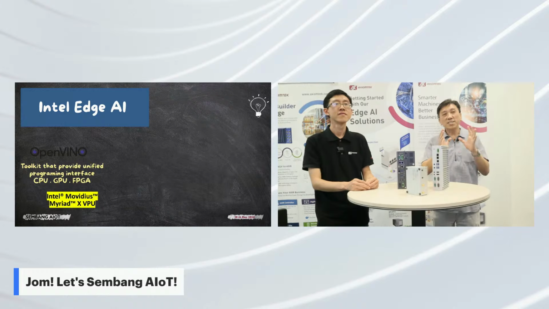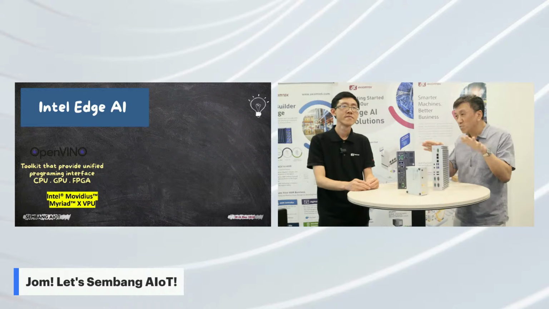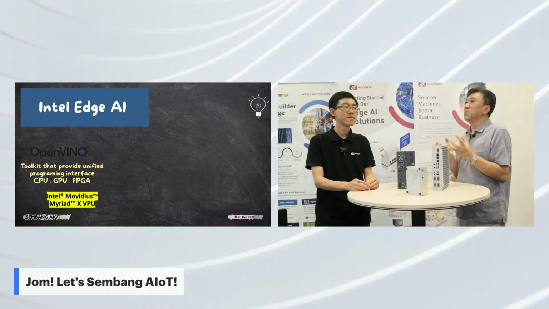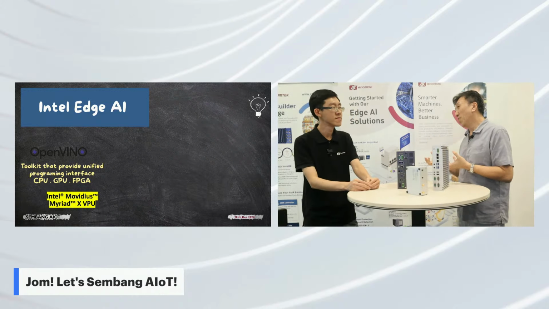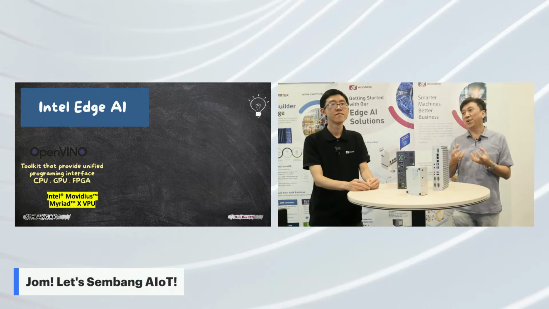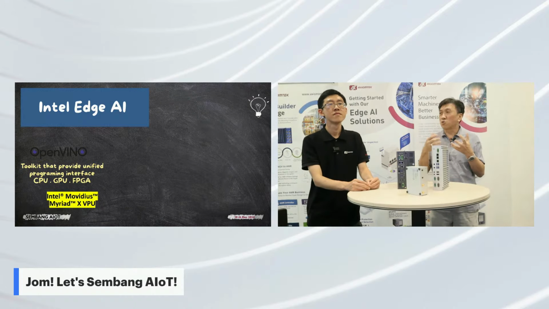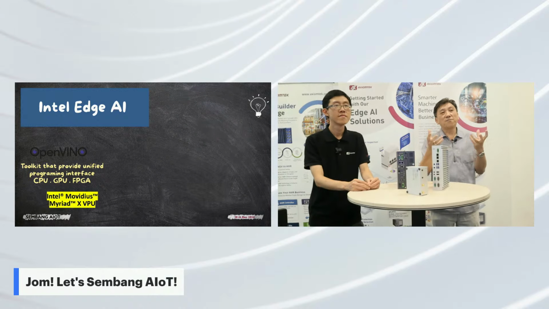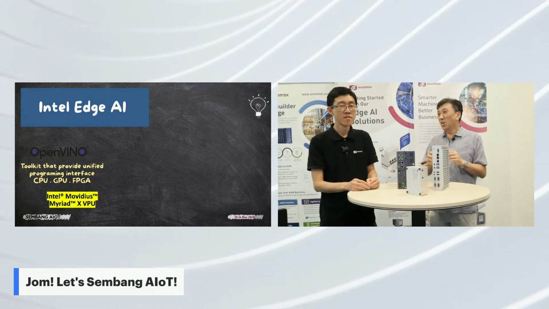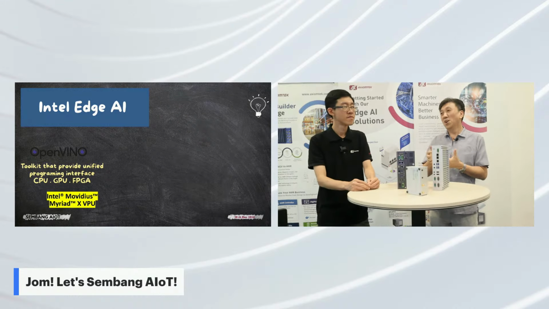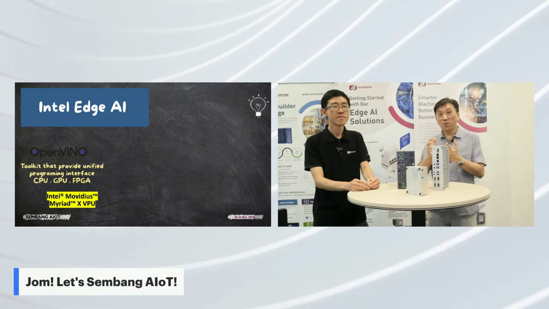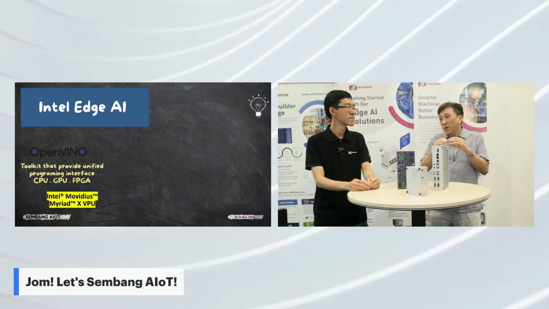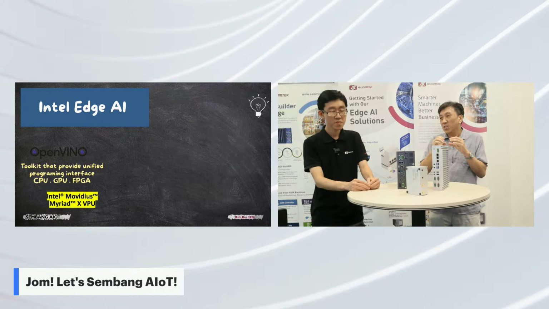In this Intel platform, I think the closest that I can find is OpenVINO. OpenVINO is a kind of toolkit that gives you a unified programming interface to leverage your CPU, GPU, and also FPGA. It is closely integrated with the hardware structure.